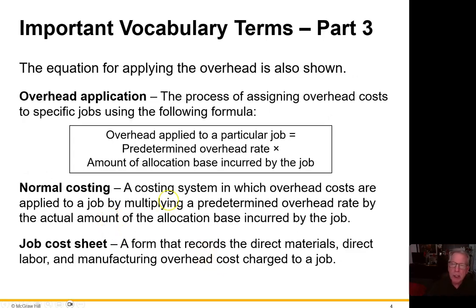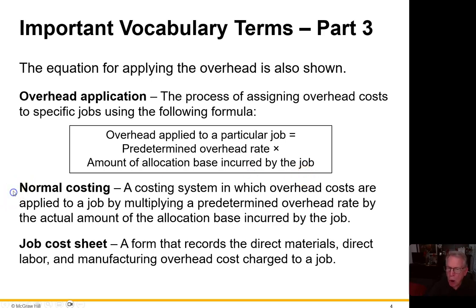Now, the equation for applying the overhead is also shown. Overhead application. Here, the process of assigning overhead costs to specific jobs uses the following formula. Overhead applied to a particular job is the predetermined overhead rate times the amount of the allocation base actual incurred by the job.